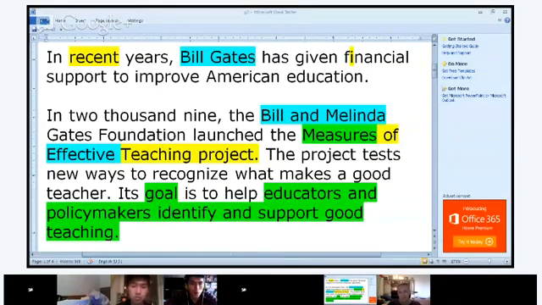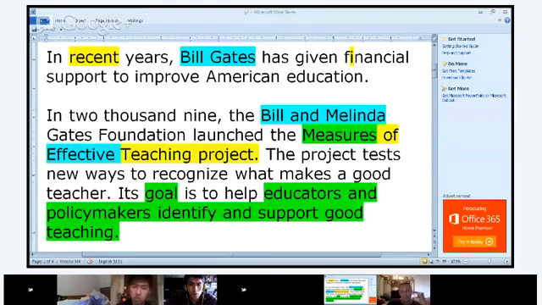And so Bill Gates has actually essentially left his job with Microsoft, and he and his wife, Melinda, have a foundation, a huge amount of money, billions of dollars, and they want to invest their money in developing education in the United States. Yeah, and so who paid for this report?